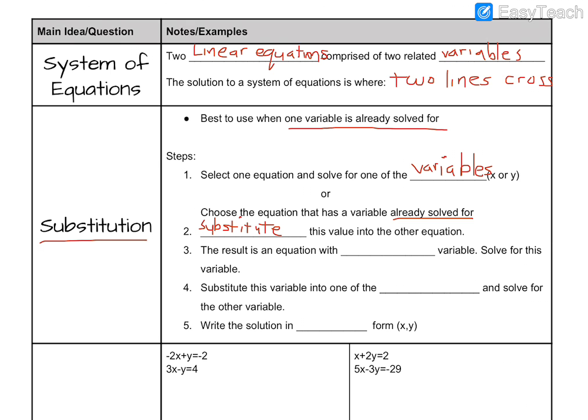Alright, so whenever we do that, we can solve down, and the result is going to be with one variable. And we're going to solve for that variable. After we finish that, we are going to substitute again into one of the original equations.